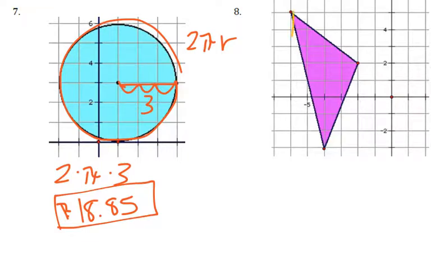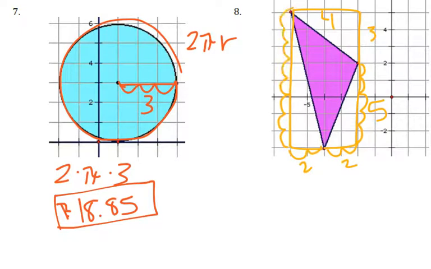Okay, another triangle here. I would once again make some triangles here because I think that's easier. So that's 4, 3, 1, 2, 3, 4, 5, 2, 1, 2, 2, 3, 4, 5, 6, 7, 8. So I'd have to go 4 squared plus 3 squared would equal c squared.